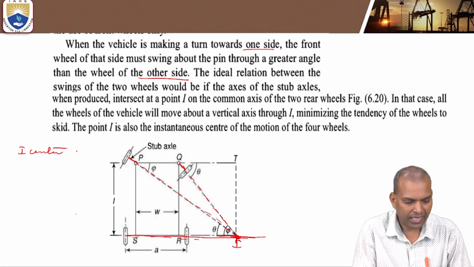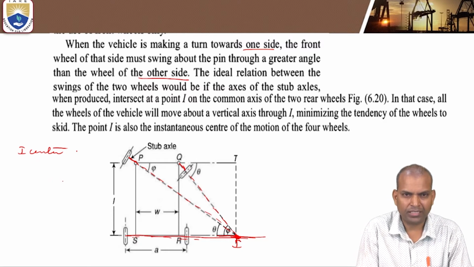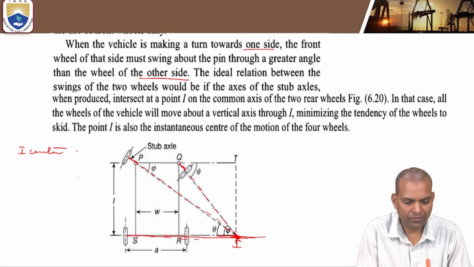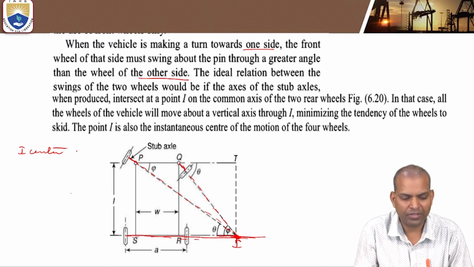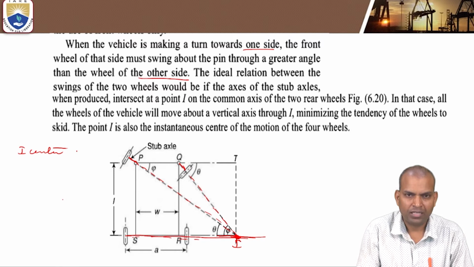In that case, all the wheels of the vehicle will move about a vertical axis, that is I, minimizing the tendency of the wheels to skid. It is very important in order to avoid the skidding of the vehicle.